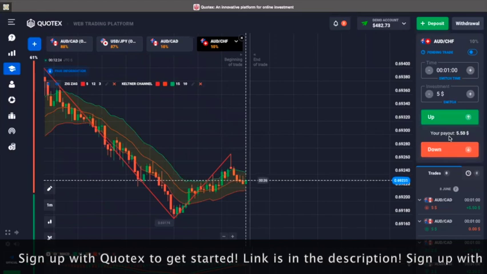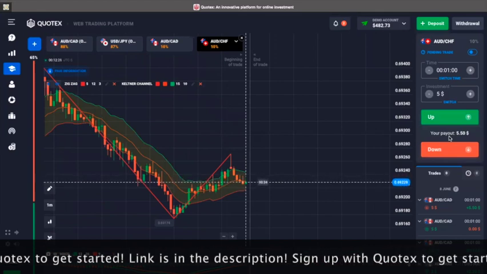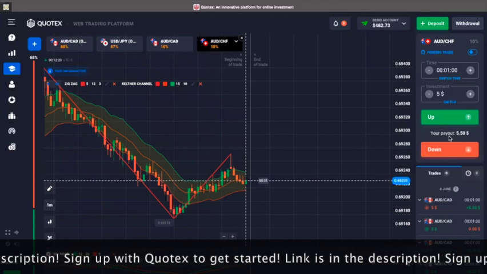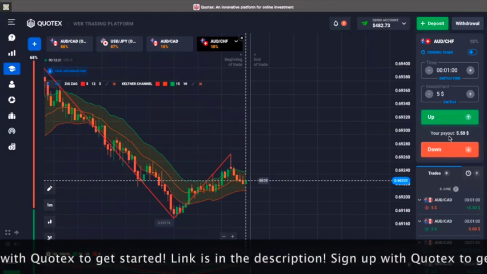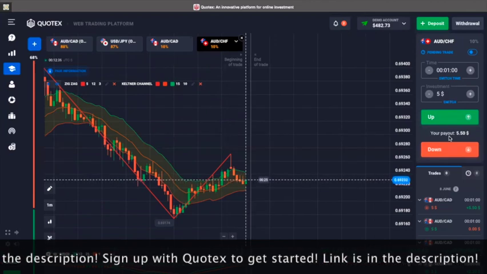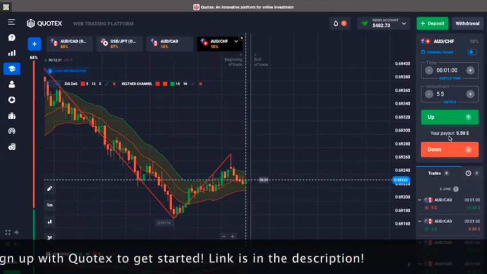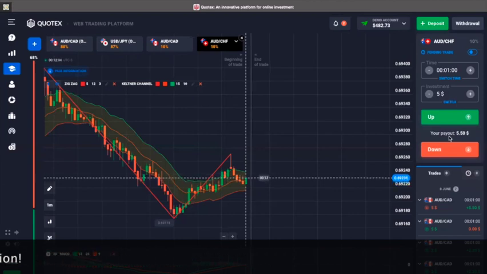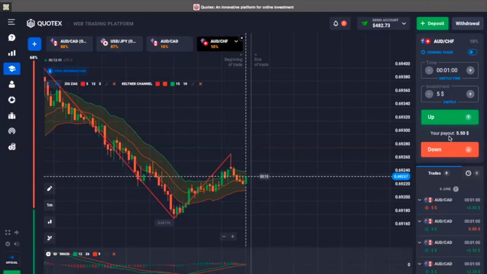That means I invested $5 and I'm only going to get back 50 cents if I win that trade. That is not worth it. All of that analysis, all of those indicators, all that time you put in, you're not looking for 10%. You're looking for at least 75% or more, with HFX on Quotex.